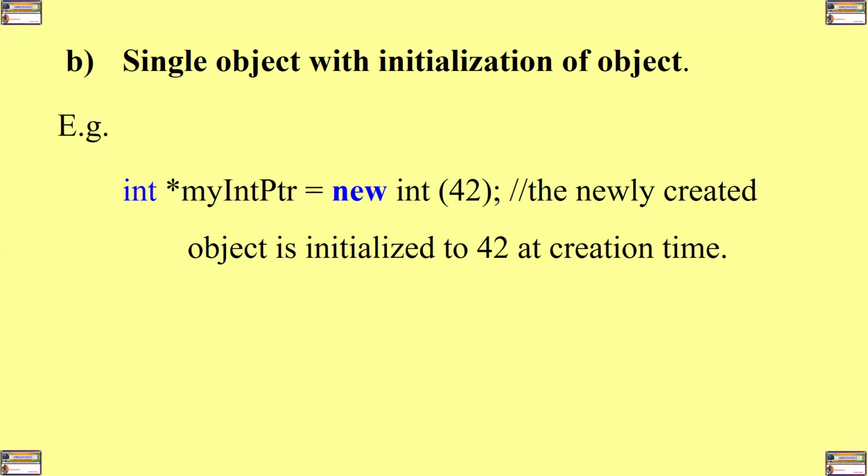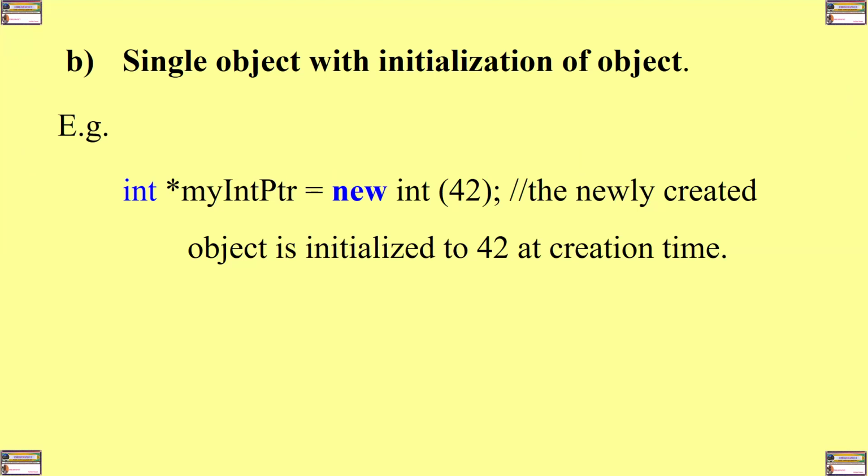So this statement is initializing the variable of type integer with a value, and then we are making the newly created pointer point to the address of the object. In this case, what I'm calling the object is the variable.